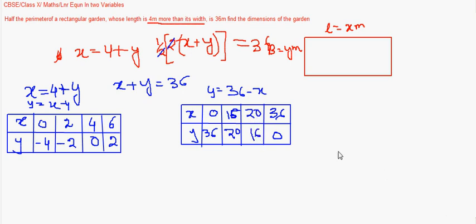You simply have to plot these on a graph sheet. Draw the Cartesian plane, take your own scale, draw these two lines on the graph, and you will find that they intersect at one point. Look at the coordinates of that point, and those coordinates will be the answer to this question.